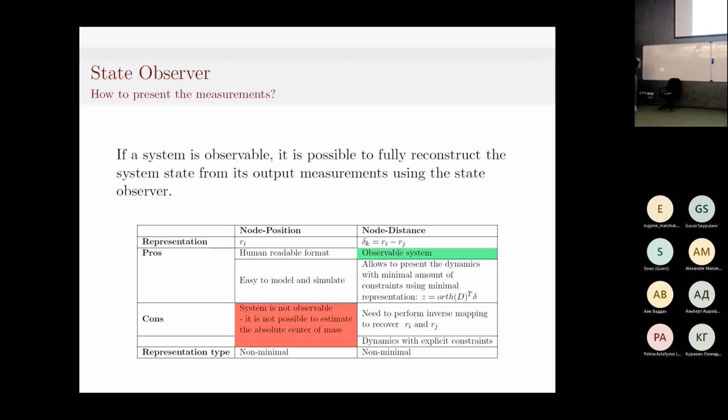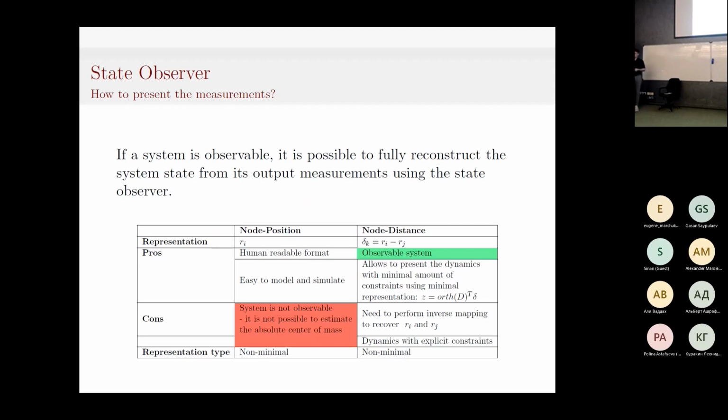The key solution which we use in our paper is node distance representation. Basically, it says that we can present the state of a tensegrity structure as a difference between node positions. In such a format, we can design an observer for our system because it is possible to estimate the absolute center of mass for this system.